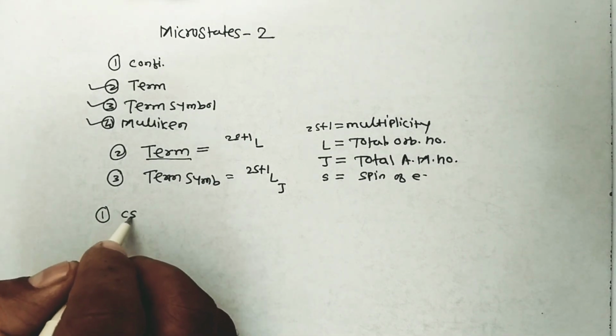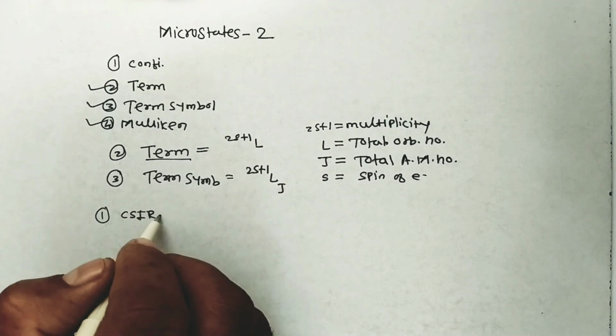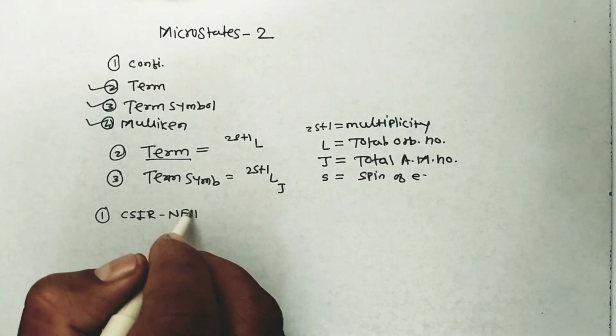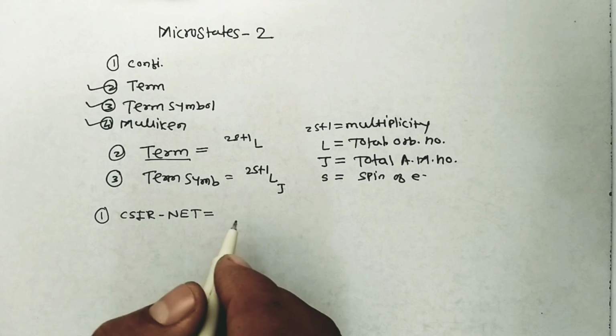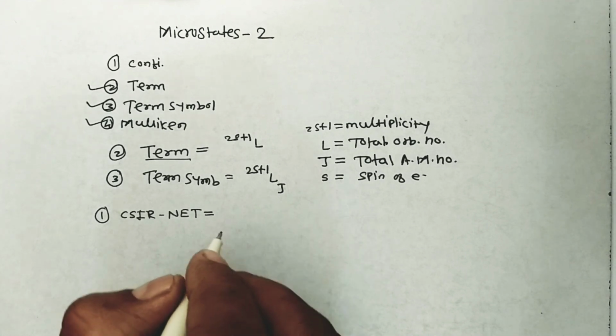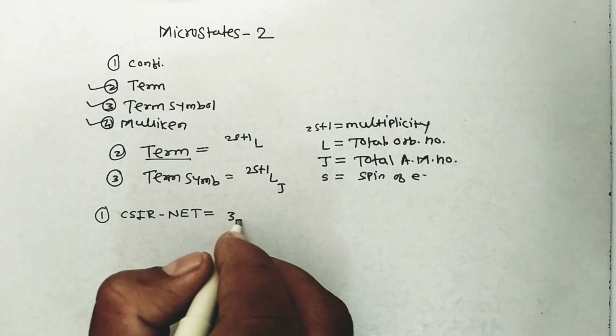In CSIR NET 2017, the question was asked for 2 marks: calculate the number of microstates for 3F term.